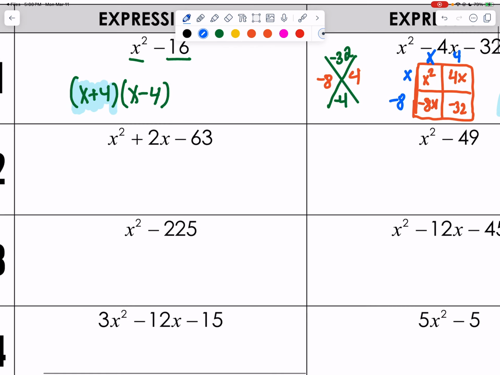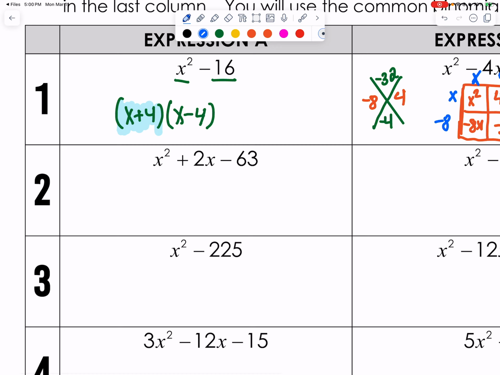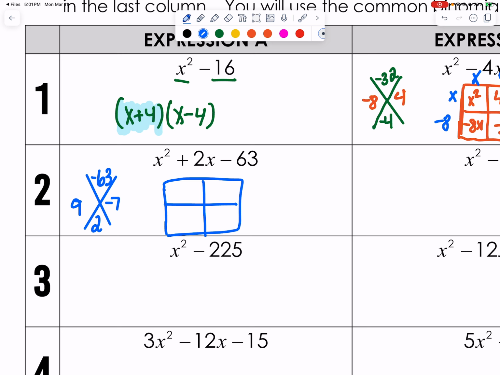All right. We're also going to do the same thing for number 2. So x squared plus 2x minus 63. What I'm going to do, of course, is go ahead and factor this. So two numbers that will multiply to negative 63 that will add up to 2. Well, that's going to give me a positive 9 and a negative 7. 9 minus 7 is 2, and 9 times negative 7 is negative 63, which is going to give me x squared, 9x minus 7x, and then minus 63.